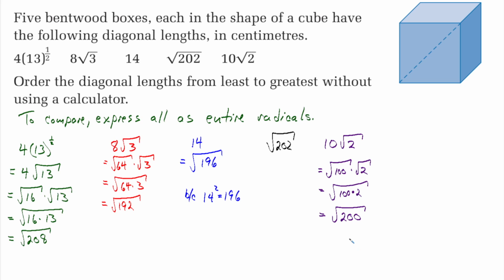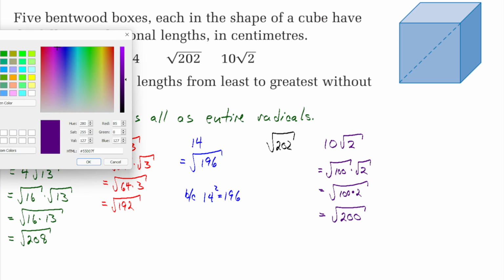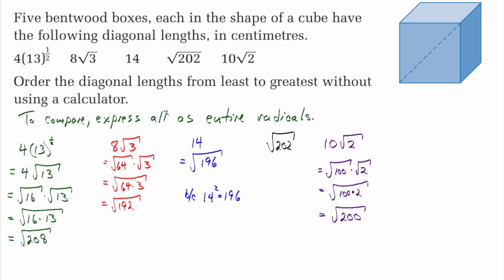So those are our numbers, and they want them in order from least to greatest. So that means in terms of least, that was 8 root 3, square root of 192. So least, 8 root 3 followed by 14, followed by the square root of 200, which was 10 root 2, followed by square root of 202, and then greatest in this case was 4 times 13 to the 1/2.